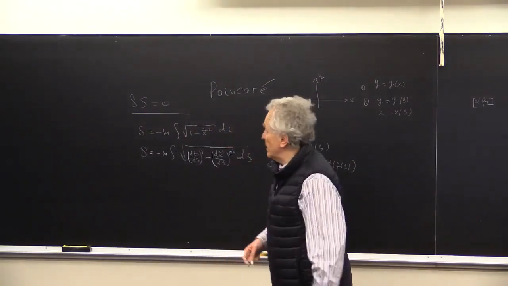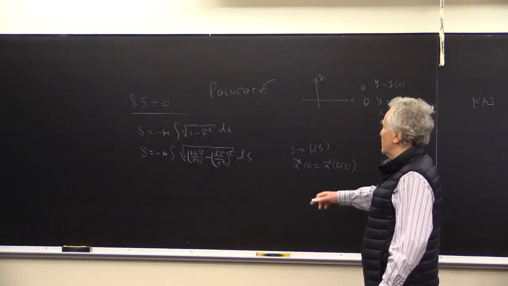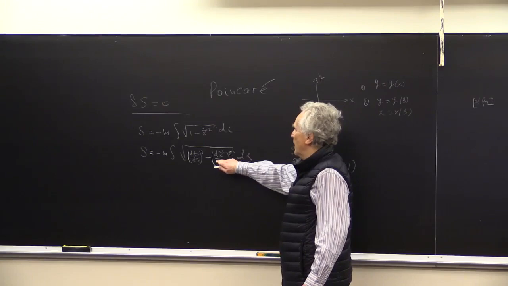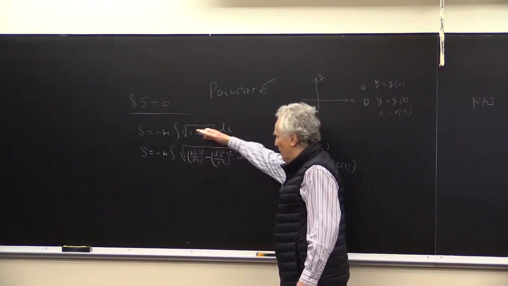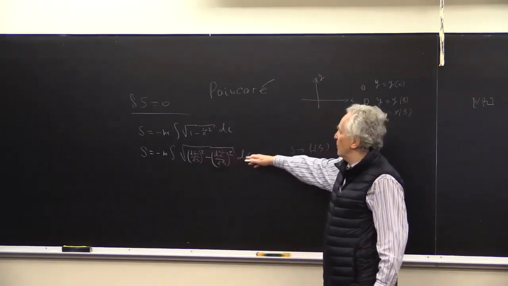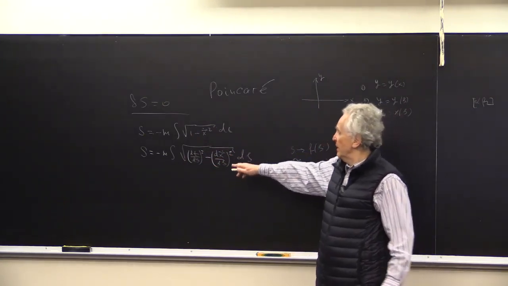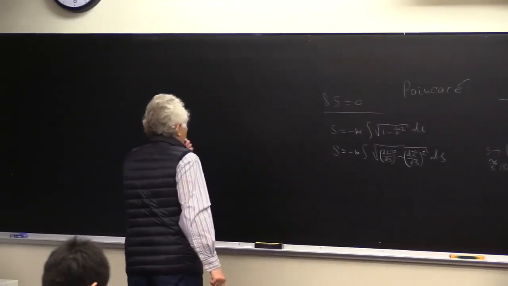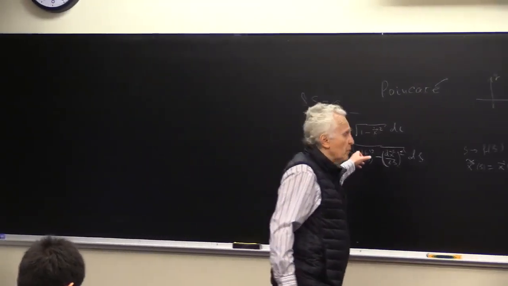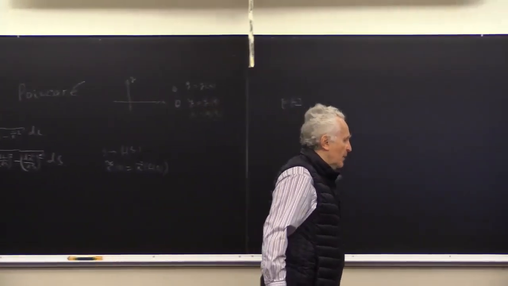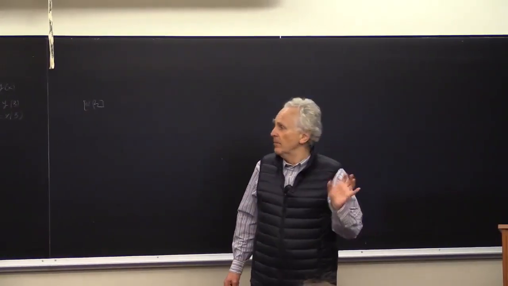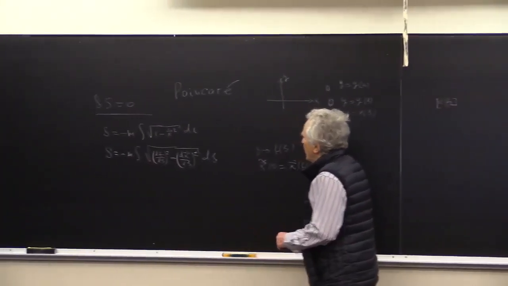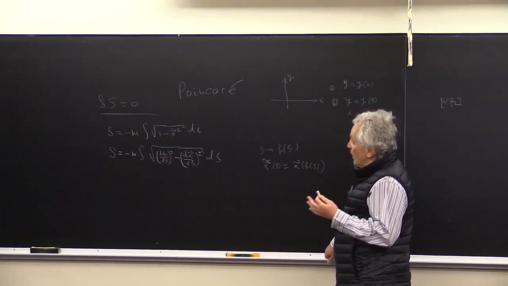Now, a quick way to see this is just to notice that you have one differential in the numerator, ds, and here you have ds square, but you have a square root, so ds and ds cancel. That's why this is invariant under reparameterization. One should be careful with such logic when you have higher derivatives, but at this point it's more or less precise.